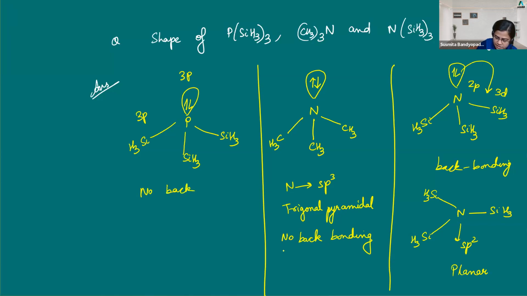Here, the reason is carbon doesn't have a vacant orbital to accept the electron pair.